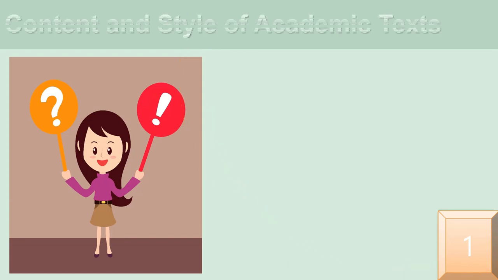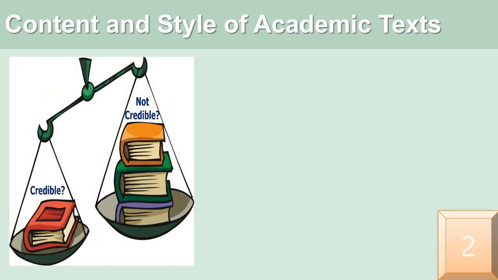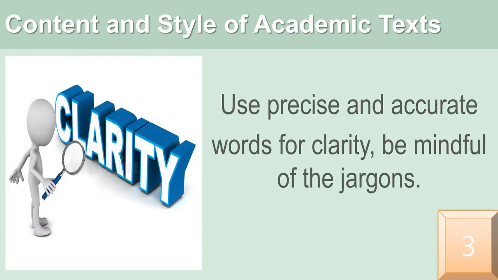Now let's proceed to the content and style of academic text. When writing academic text, these are the things that you can include. State critical questions and issues. Next, provide facts and evidence from credible sources. And use precise and accurate words for clarity and be mindful of the jargons.